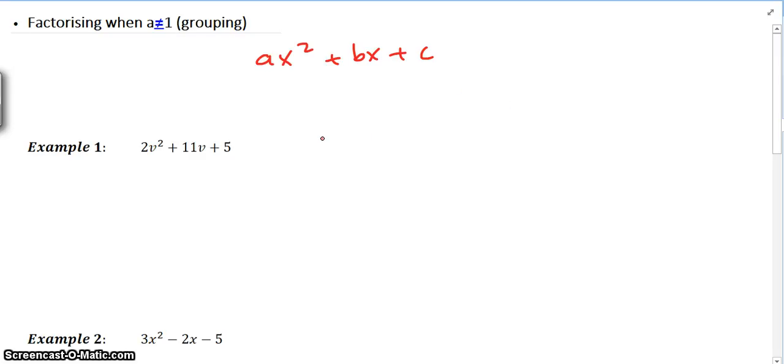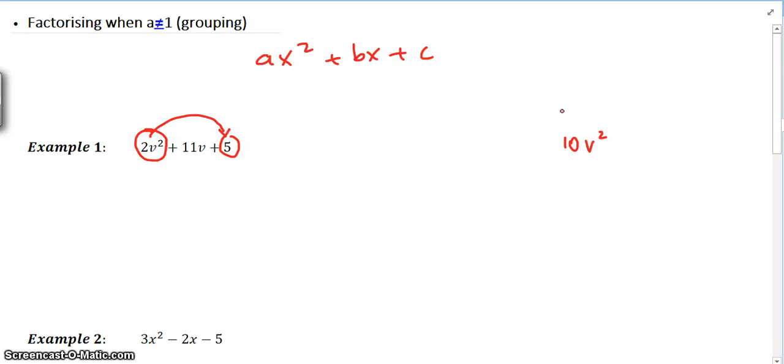So the first step that you need to do is find what two numbers will multiply to give the result when you multiply the first term, 2v squared, by 5. What do we get? We get a result of 10v squared.